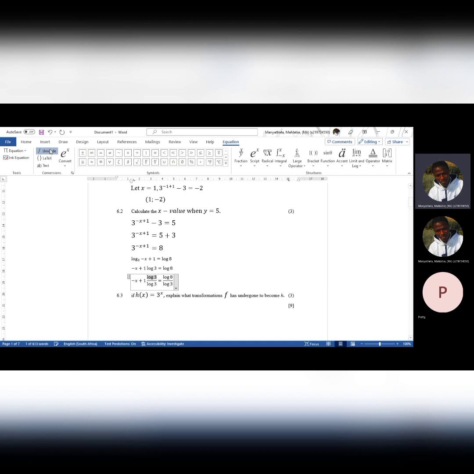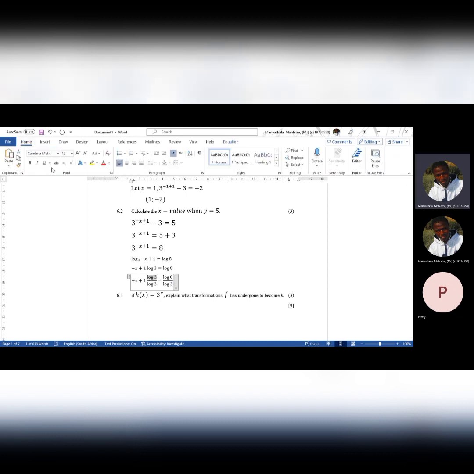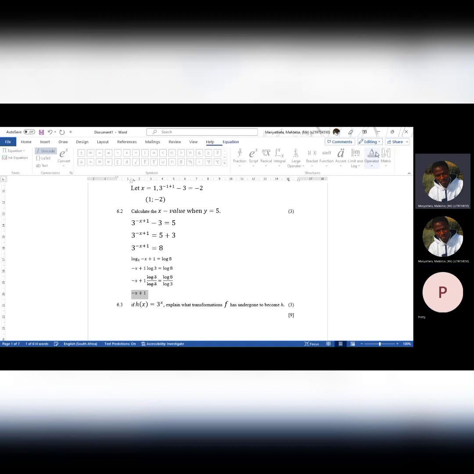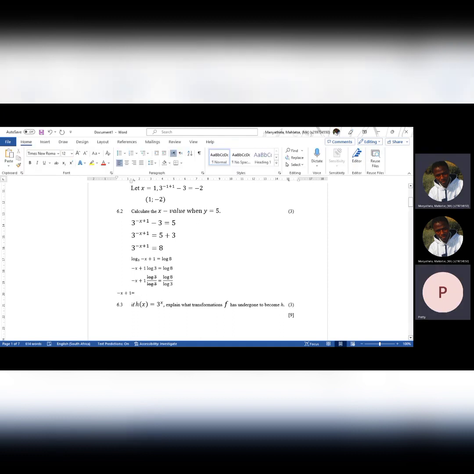This log 3 will cancel with the other, and then we will remain with negative x plus 1 equal to.